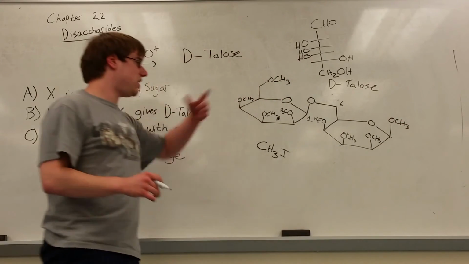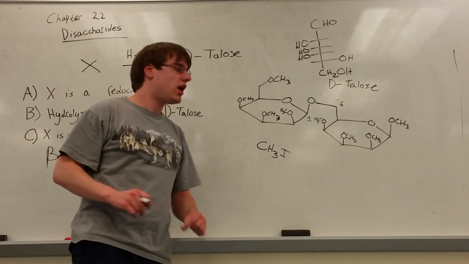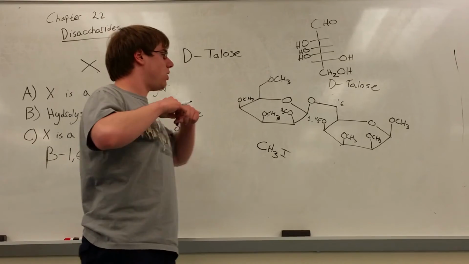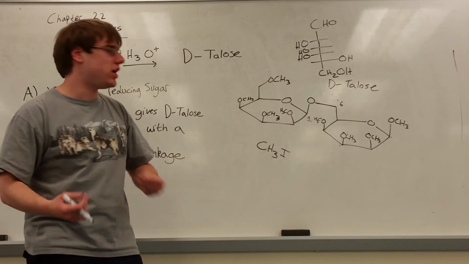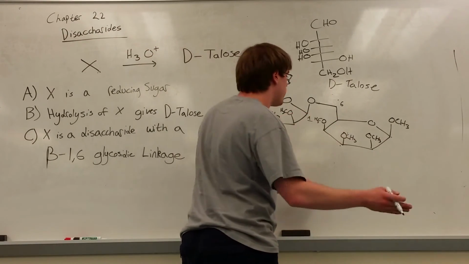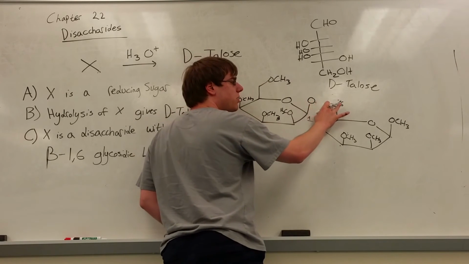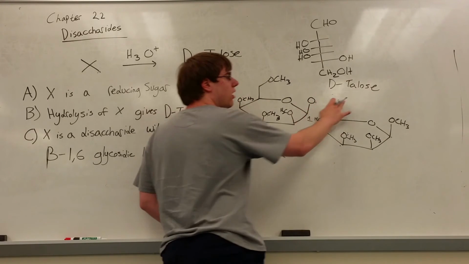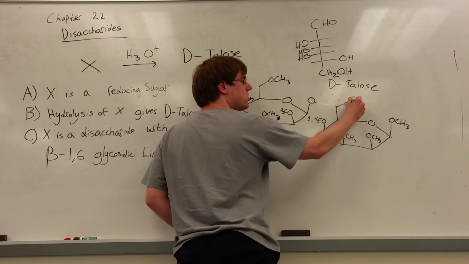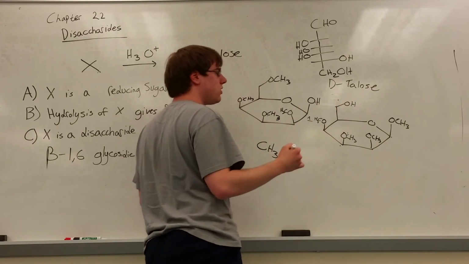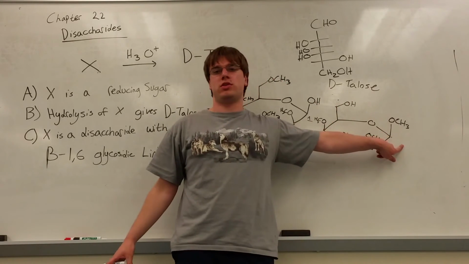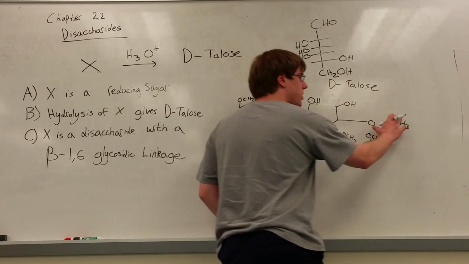And then you take this thing after it's been methylated, and you hydrolyze it with H3O+, well, you're just splitting the sugar rings apart, so you're breaking this bond here, and now this would become an OH, and this would become an OH, and don't forget, if an anomeric carbon is available, H3O+ will also turn it into an OH.